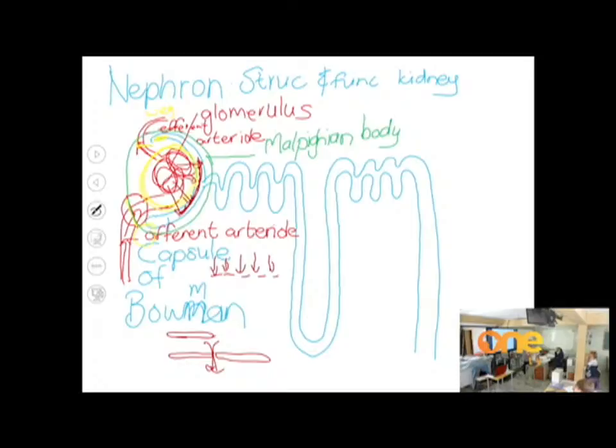Water, glucose, amino acids, urea, salts, vitamins, and minerals. Tiny molecules can move through there.